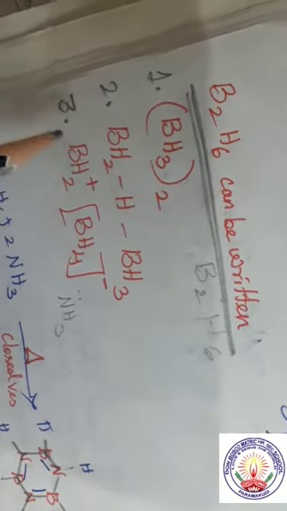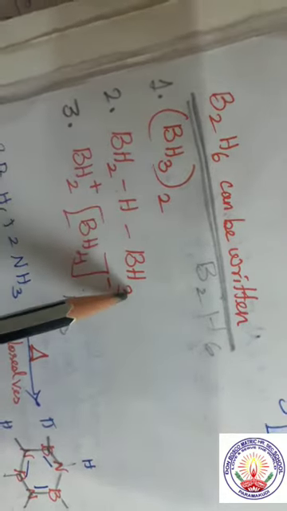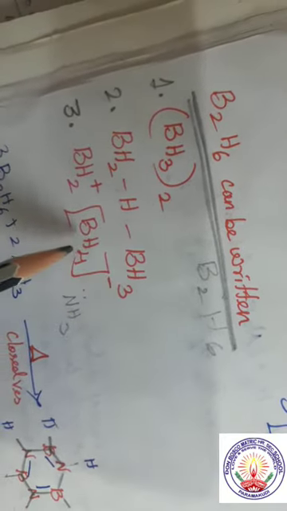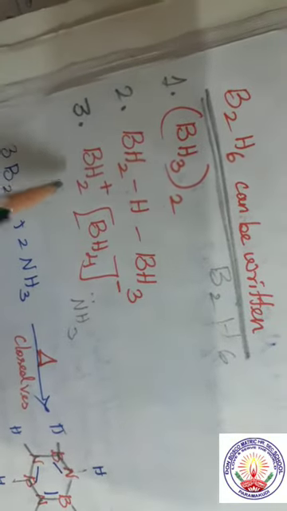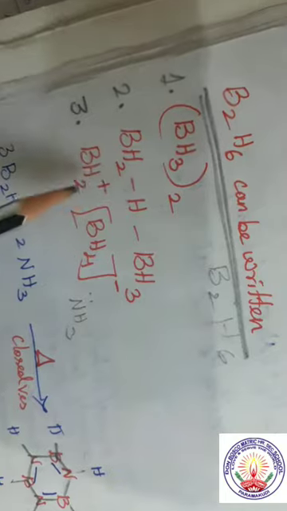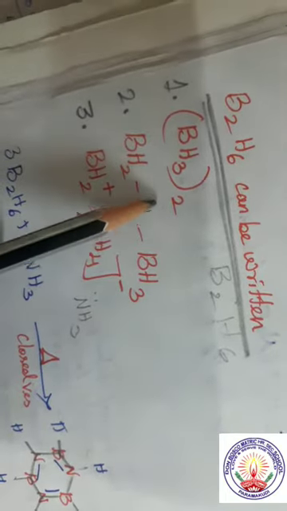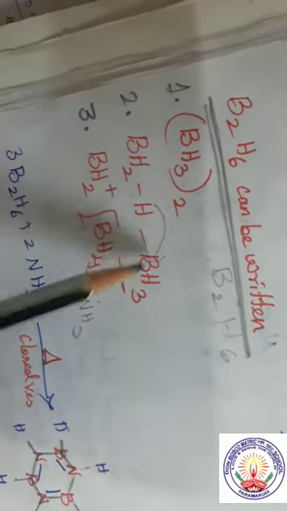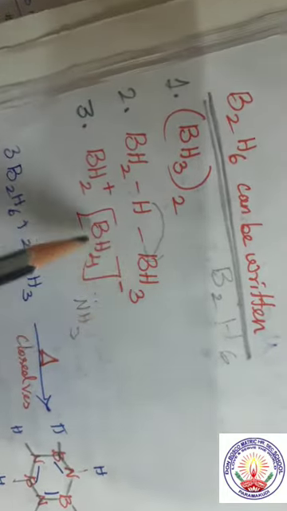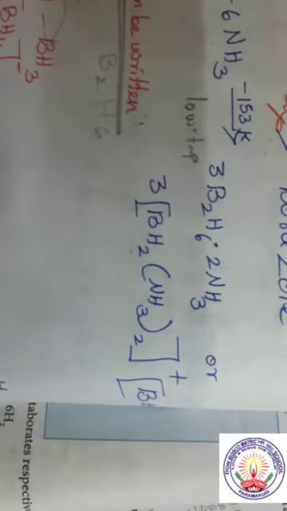So from BH3, 1 hydrogen is split. And BH3, we can also write like this. Look at the next one. So this BH2 plus, from this hydrogen moves there. So BH4 becomes minus. This is the way this is written.